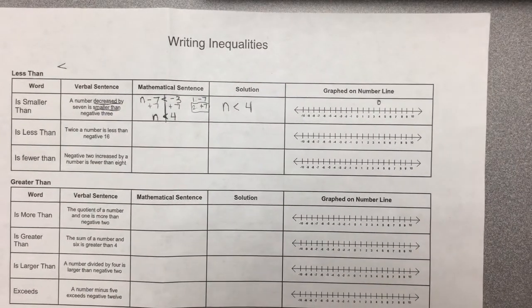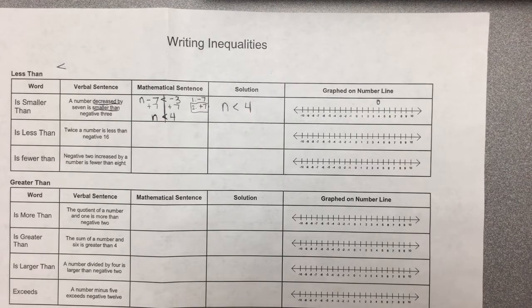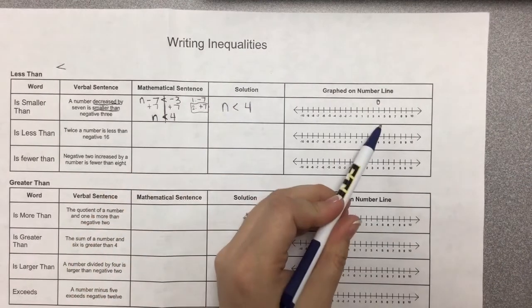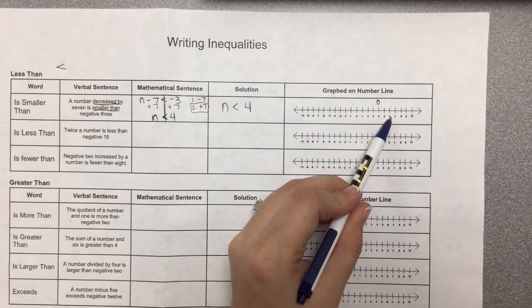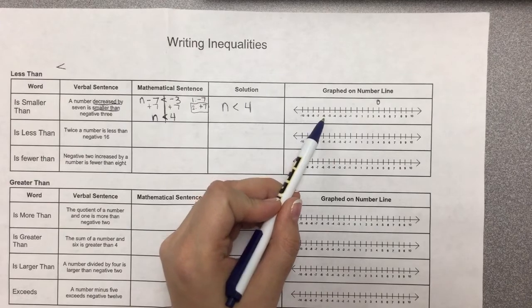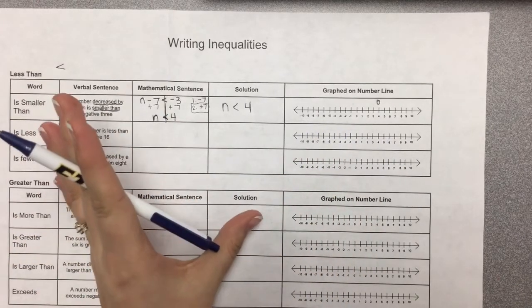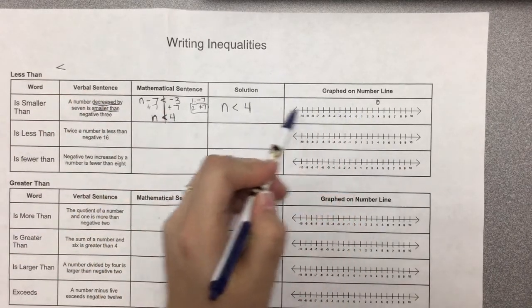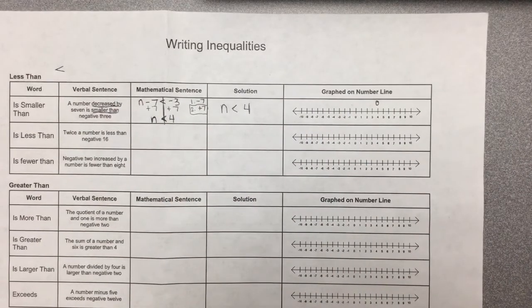But we're not done. That open circle above 4 only tells us that the answer can't be 4 because it doesn't include 4. If we're thinking less than 4, it couldn't be 5, it couldn't be 6, it could be 2, it could be -6, it could be all the way down to -60 if we wanted. So anything behind it could be included.